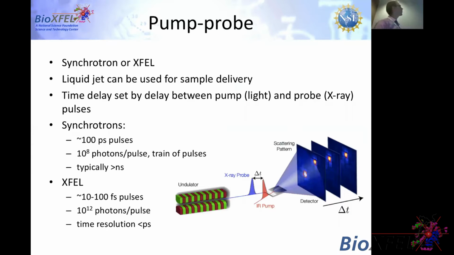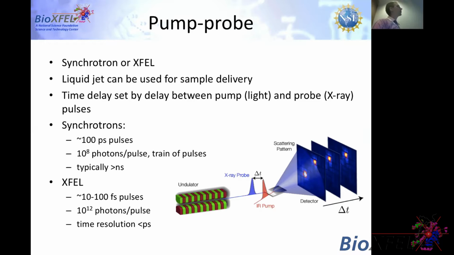Okay, so pump probe can be done at either a synchrotron or an XFEL. A liquid jet can be used for the sample delivery. The time delay in this case is very different than the time delay for mixing. Essentially, you have some kind of activating pulse, either infrared or optical light, depending on your reaction.